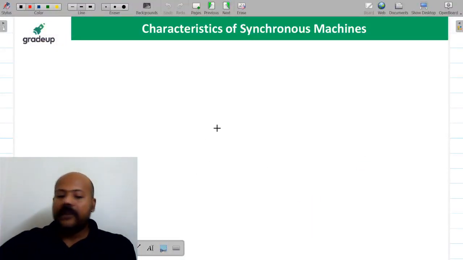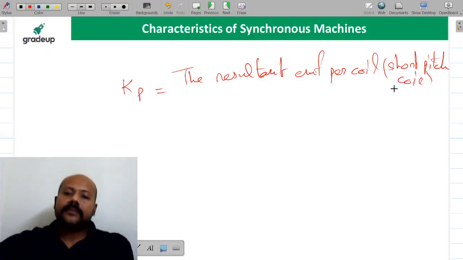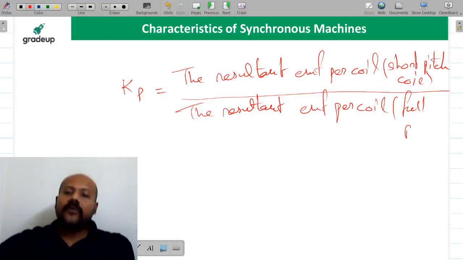We are defining it as the resultant EMF per coil for a short pitch coil divided by the resultant EMF per coil for a full pitch coil.